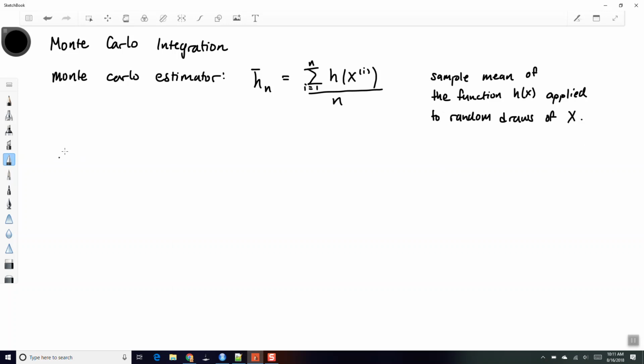Okay. And so this becomes the estimated value or the expected value of h of x, where x is defined by the PDF f, okay?